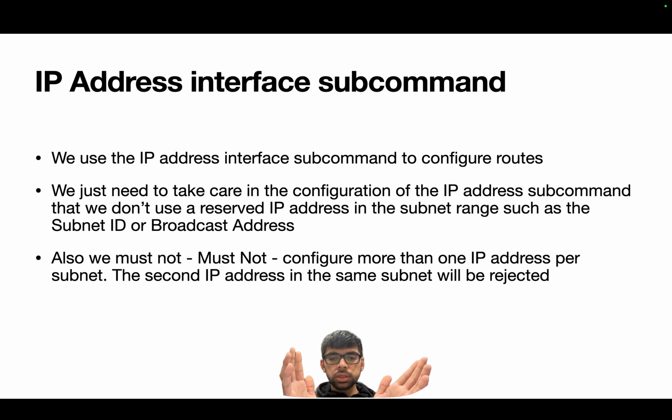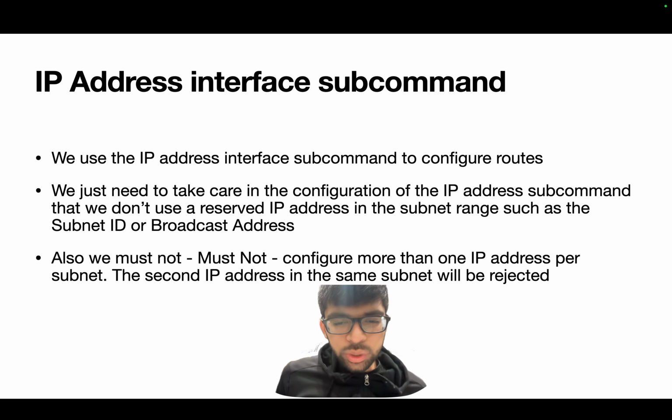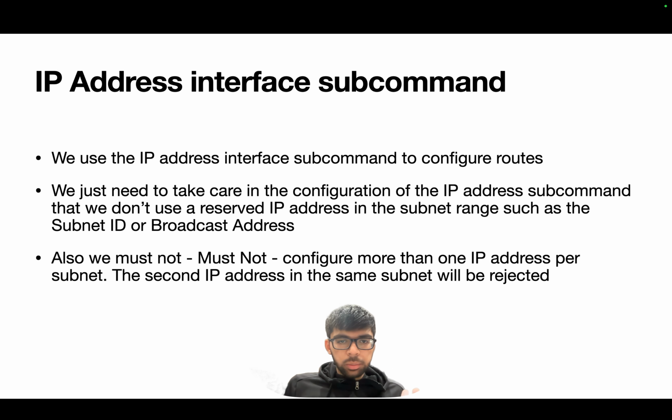We don't use them for hosts. We don't configure them for hosts. Those are reserved, and so likewise, we can't use them here in the configuration of the IP address subcommand. We have to leave them alone, otherwise things aren't going to work out. We can't use the subnet ID. We can't use the broadcast address.